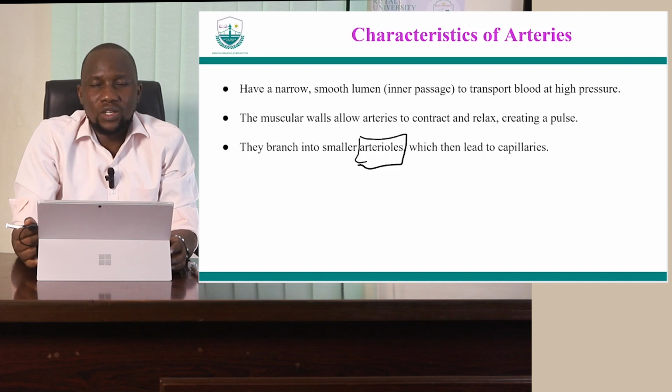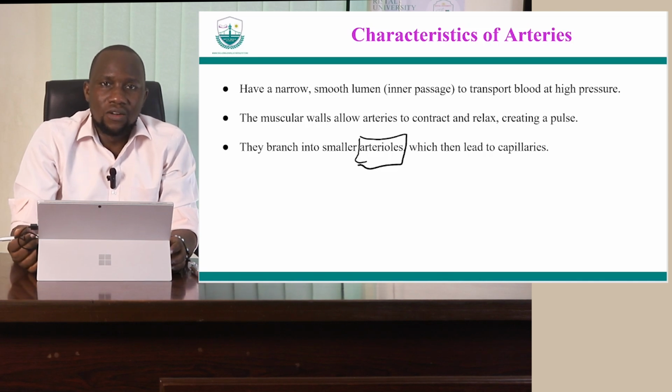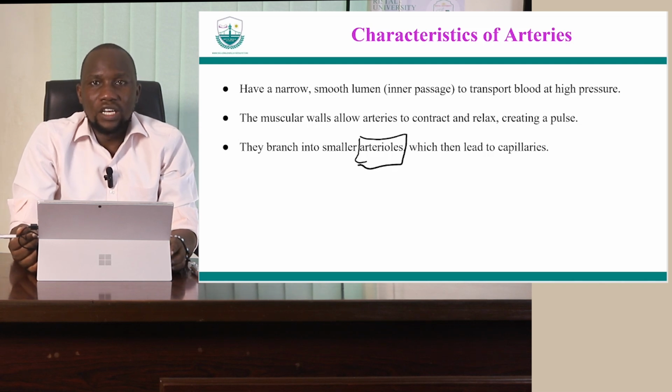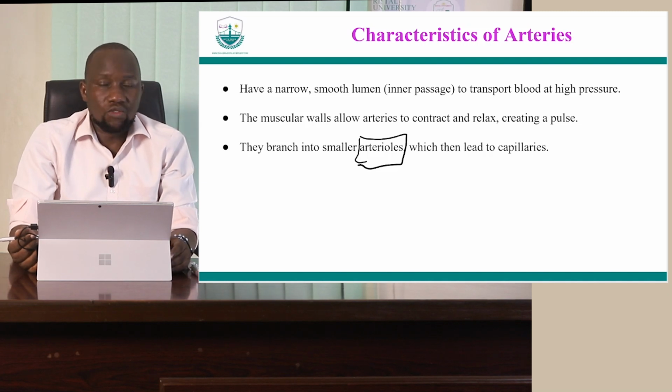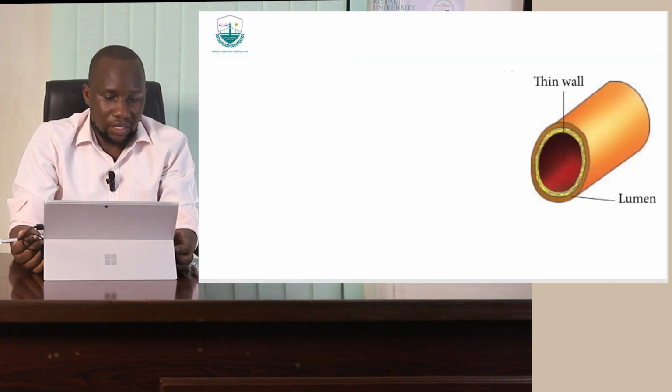The arterioles are smaller but still have the same layers of muscle, and they connect to the capillaries, where exchange of material happens. Nutrients, waste material and things like that are exchanged in the capillaries, as we shall see shortly.